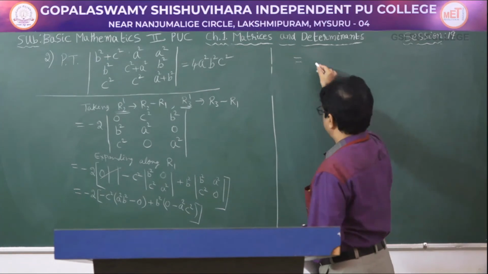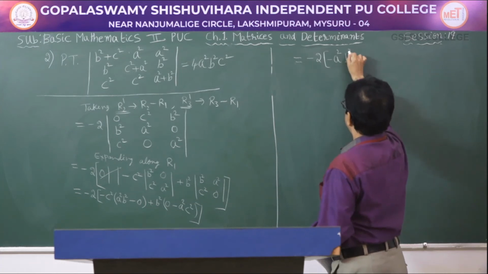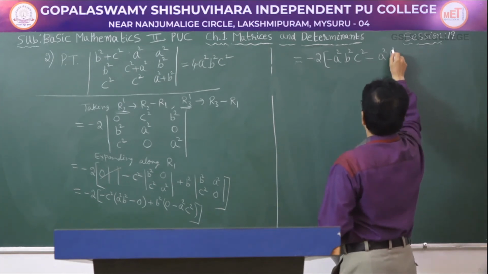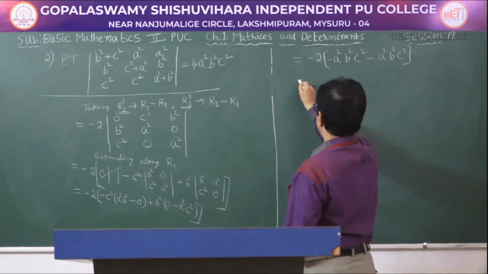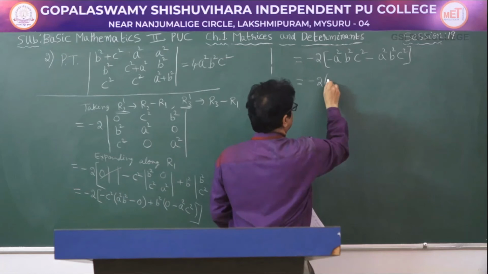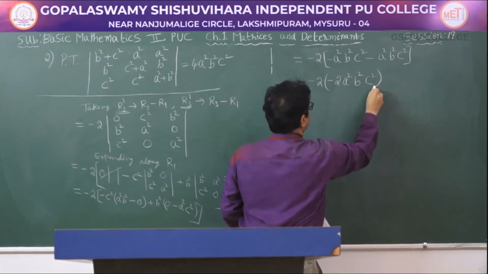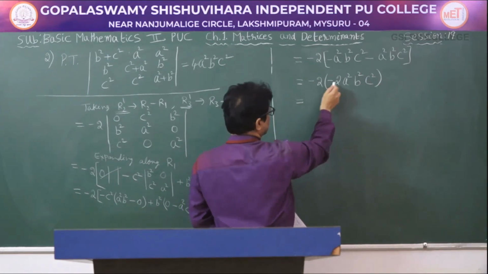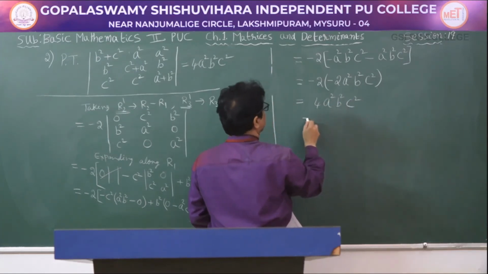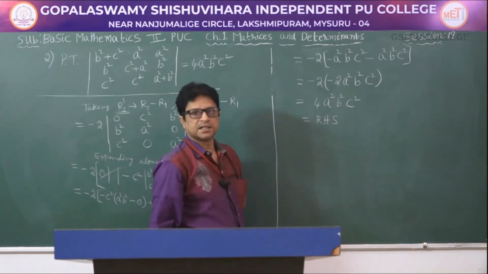So that will be equal to minus 2 into minus a square b square c square minus a square b square c square, that will be equal to minus 2 into minus 2 a square b square c square, that will be equal to 4 a square b square c square, which is equal to RHS. That completes this problem.